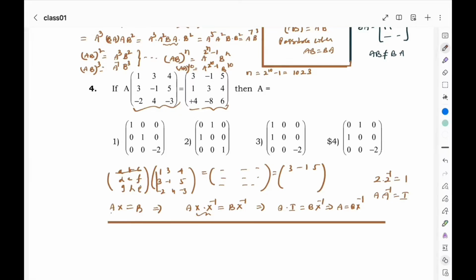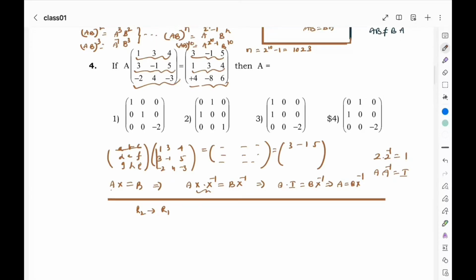But every elementary row operation is denoted with one matrix. So if you carefully observe this arrangement of the matrix, here the second row becomes the first row. That means R2 is interchanged with R1.